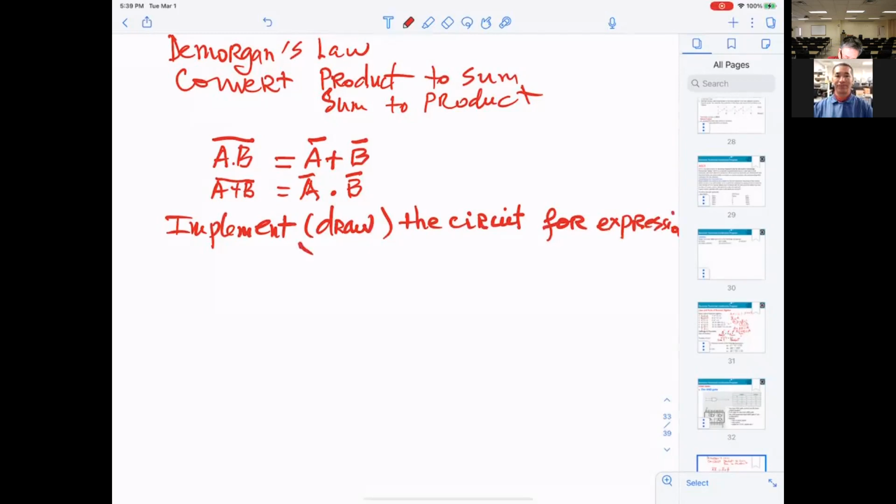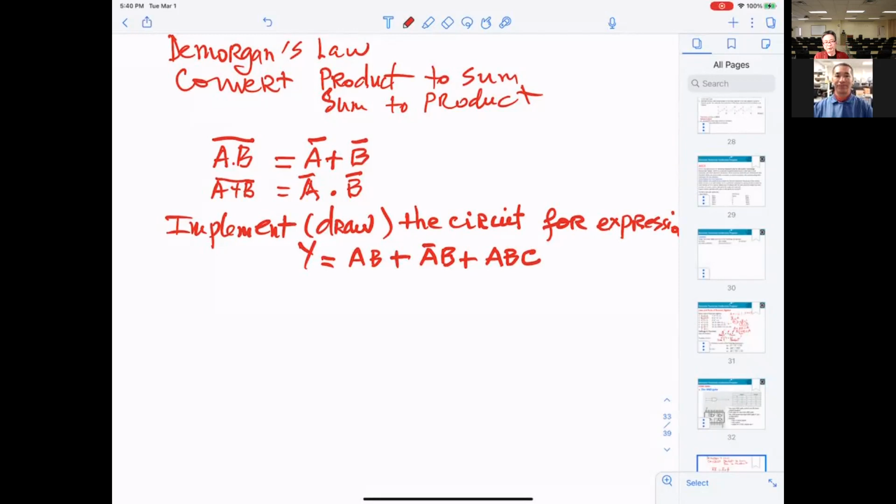Okay, you get Y equals A and B, or not A and B, or A, B, C. You know, this is the expression.